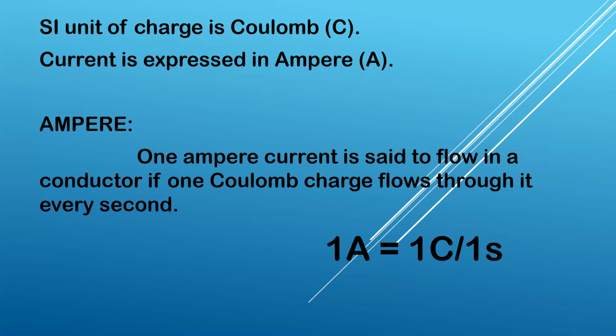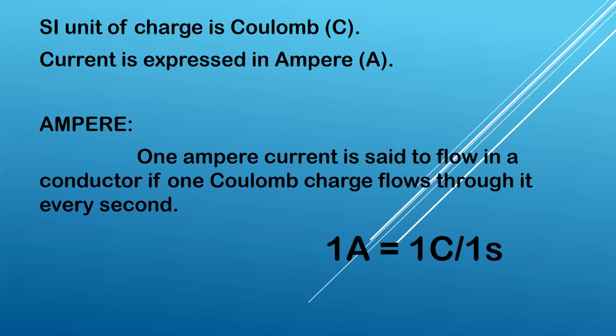Current is equal to Q upon T. That means charge upon time. What is the unit of charge? Charge unit in SI system is Coulomb. It is denoted by C. And the unit of current in SI system is ampere.